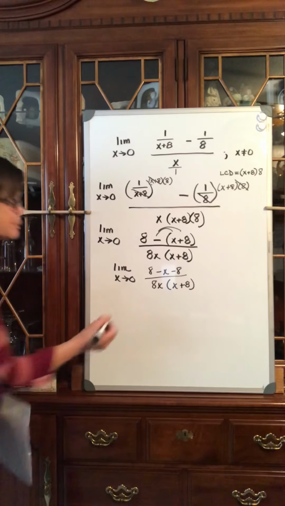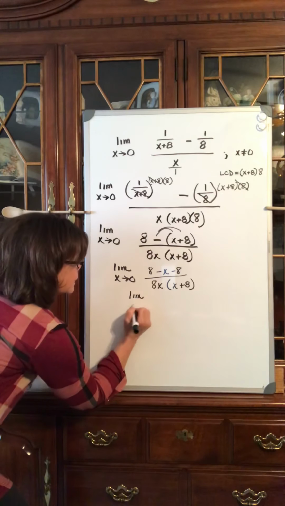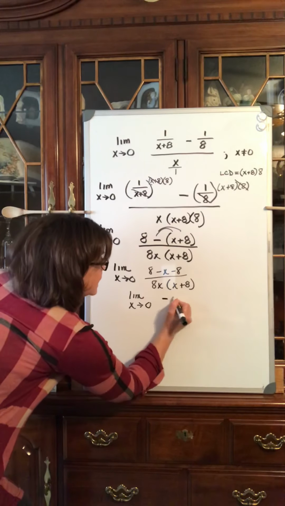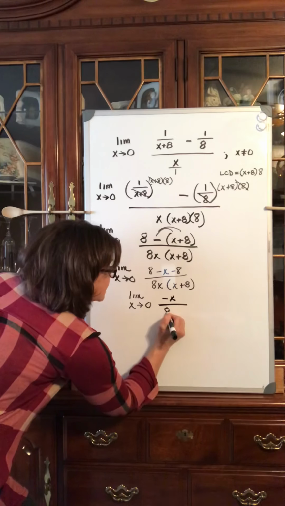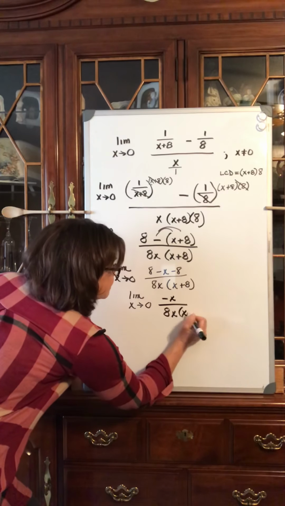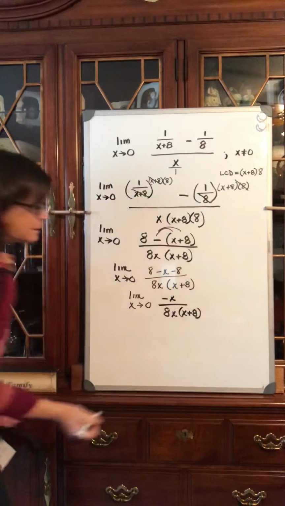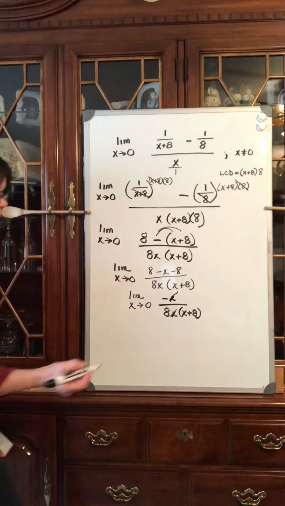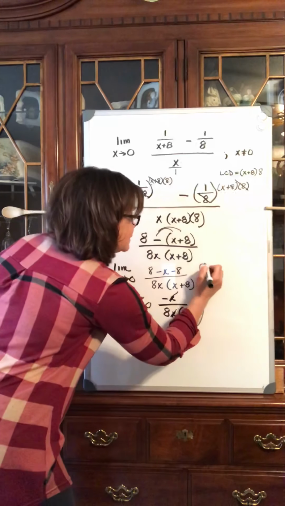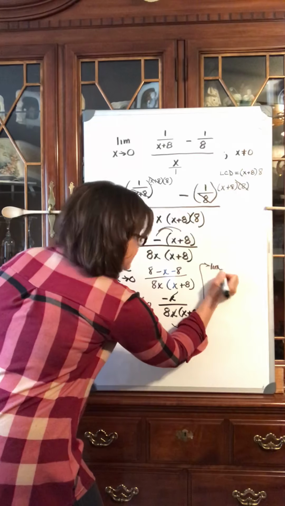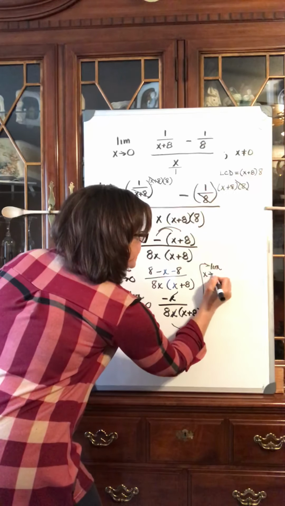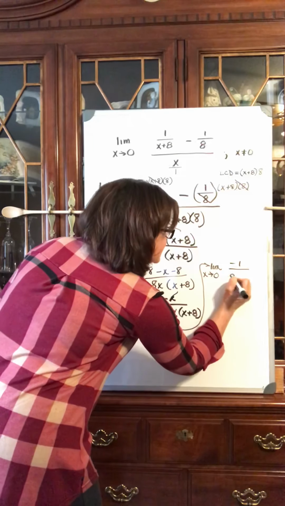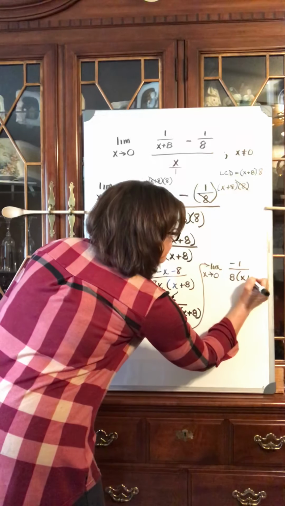When you combine like terms in the numerator, limit as x is approaching 0 of, the 8's cancel, so you have negative x over 8x times x plus 8. These x's are going to cancel, so you will have the limit as x is approaching 0 of negative 1 over 8 times x plus 8.